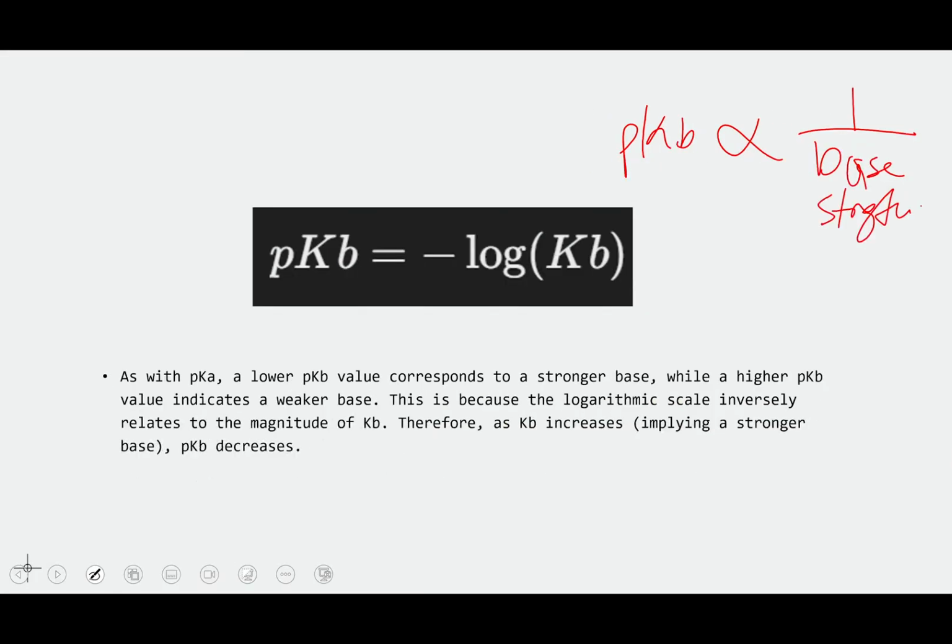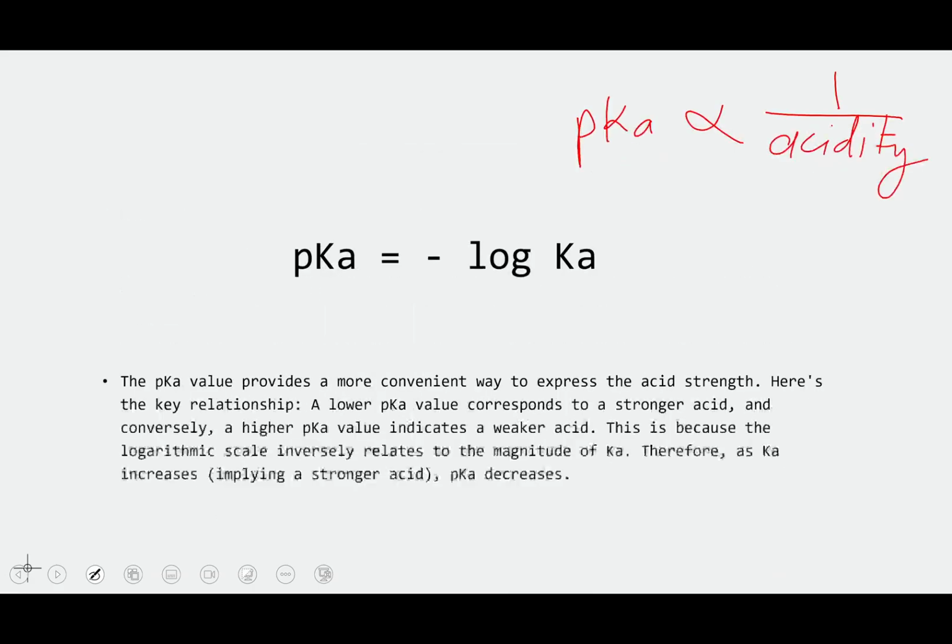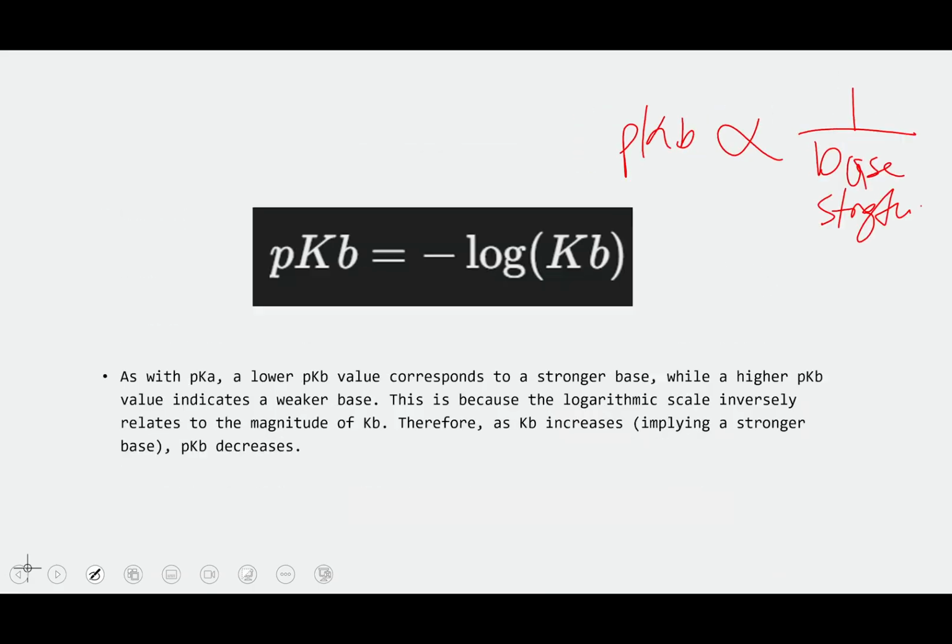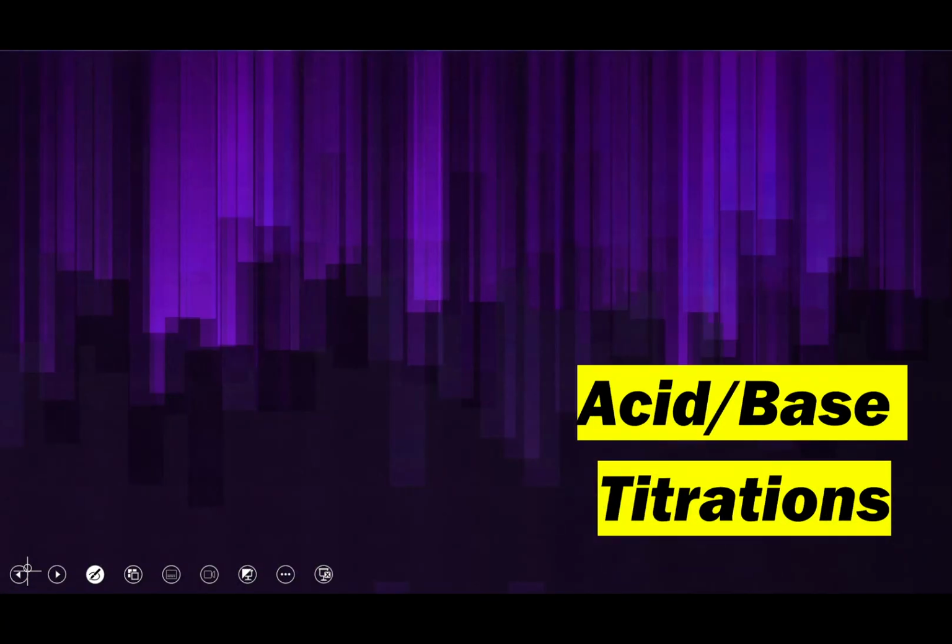Now, that's really all we need to do the calculations that I proposed before. But let's have a look at this. Acid-base titrations. We know what titrations are. Titrations are methods that we use to find the concentration of an analyte using a titrant.